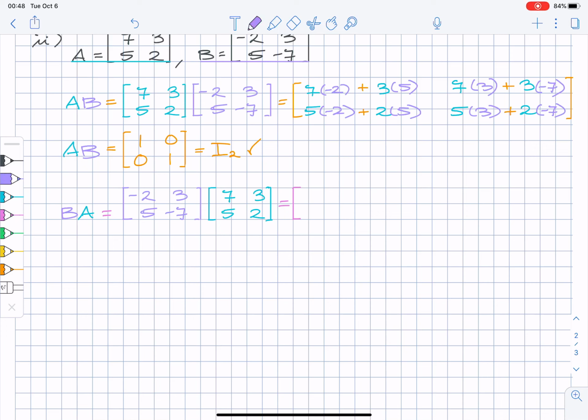It's going to be minus 2 and 5, both times 7, to which we're adding and subtracting because it's 3 and negative 7, times 5 and 5 for the first column. Then once again we have negative 2 and 5, now times 3 and 3, plus and minus because that 7 is negative. So we're going to have 3 and minus 7 times 2 and 2 for the second column.